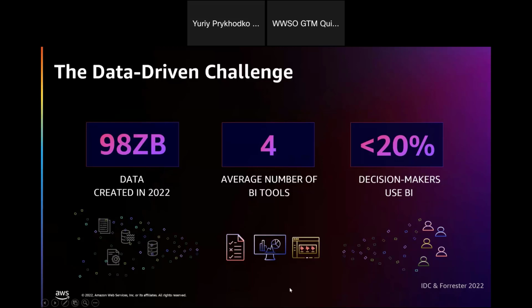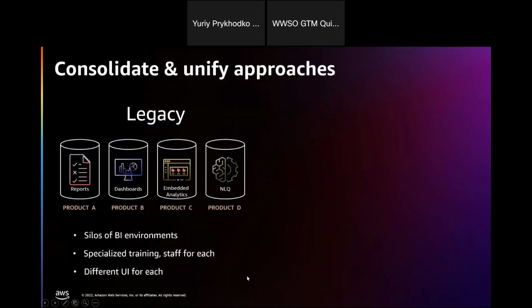So we asked our customers and analyzed what could be the reason. When we asked our customers what tools they are using in the market, we saw that there are many silo tools. BI tools specialize in a specific functionality.